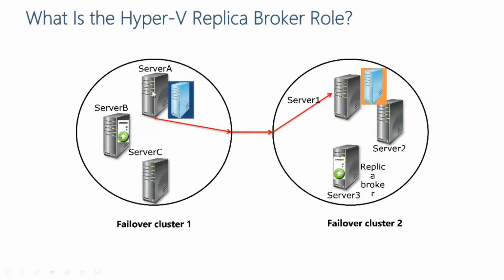So here we've got server A, and we're creating a replication to server 2, just making a copy, not necessarily running. But if, let's say, the server fails here, because of the failover cluster, server 2 is going to take over.